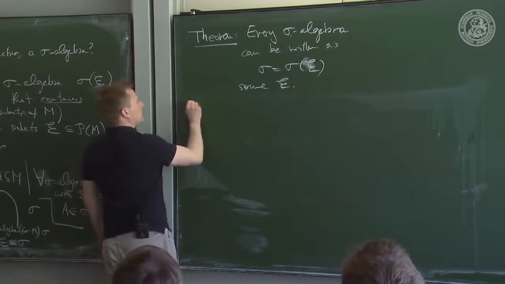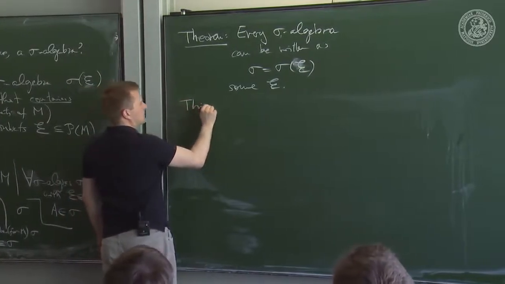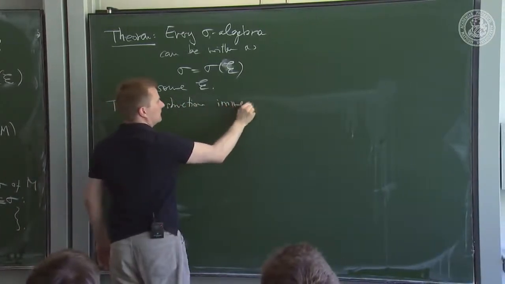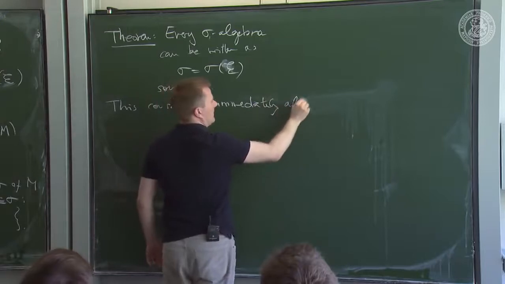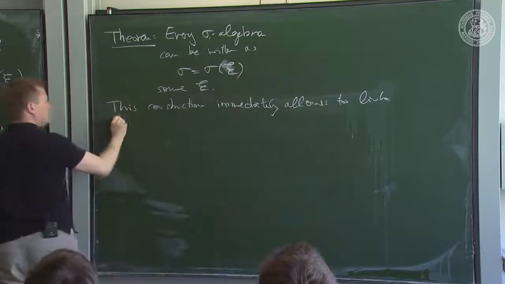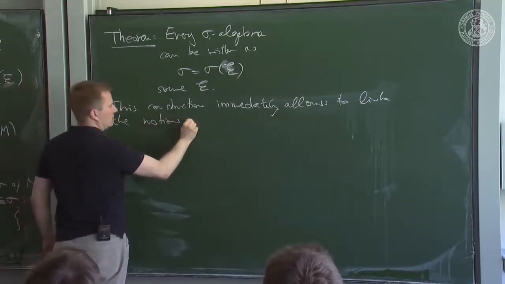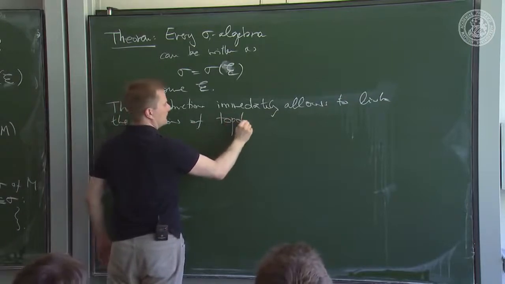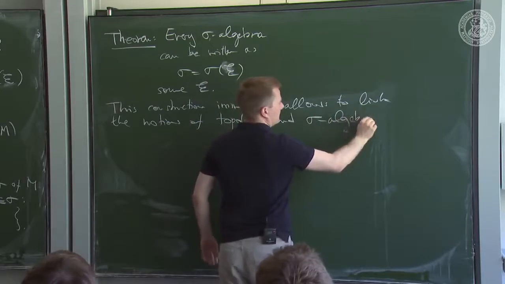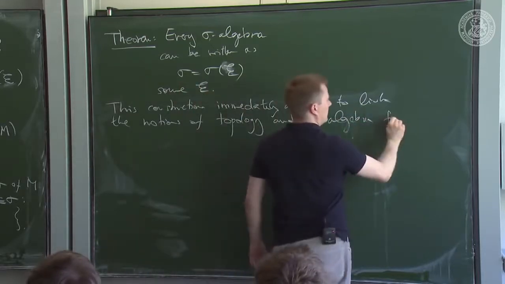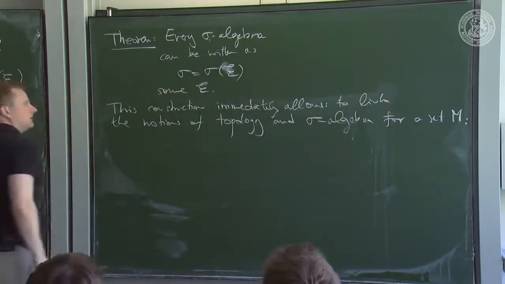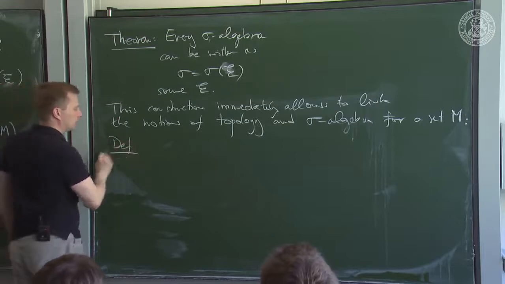And this construction immediately allows us to link the notions of topology and sigma algebras, or topology and sigma algebra for a set M. And that idea is the definition of a Borel sigma algebra.